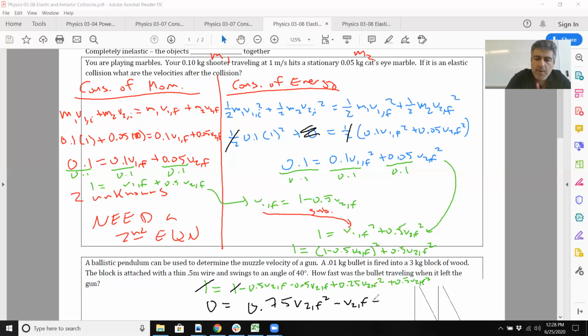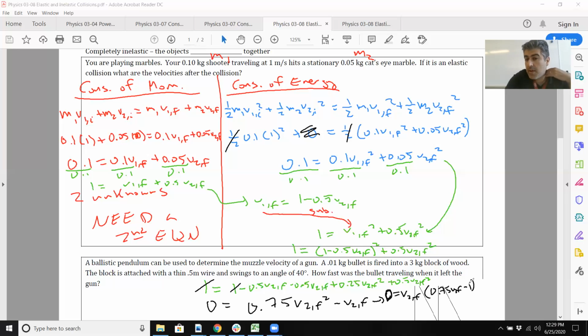You can factor out V2F. So again, you have 0 on the left side. And you're going to have V2F times 0.75 V2F minus 1.